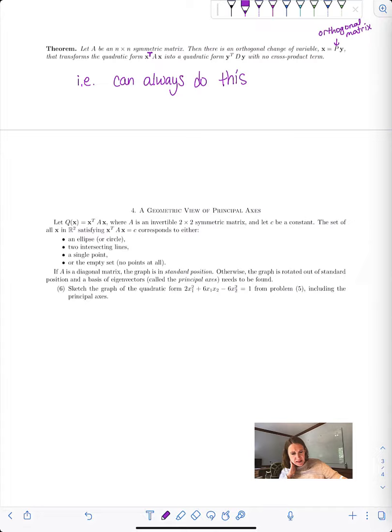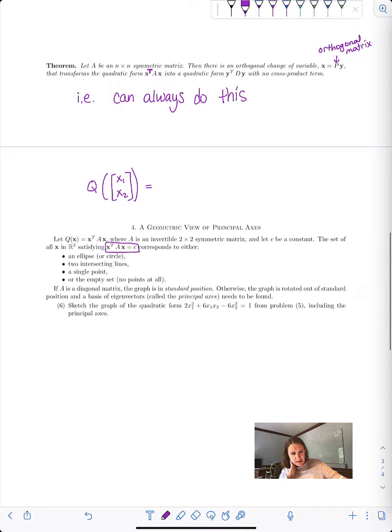So let's say you take your quadratic form and you set it equal to a certain value. So if you think about what's happening, we have Q, and in this case, since A is a 2 by 2 matrix, our input is two entries, and our output is going to be a real number.